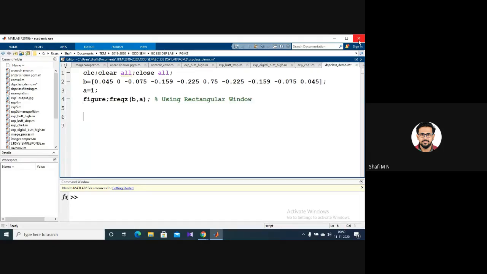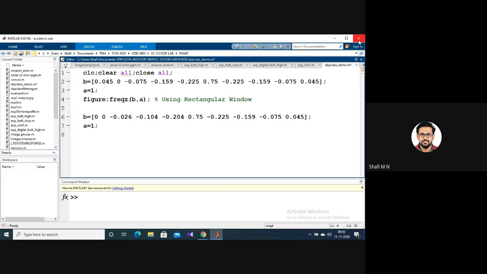Now let me implement my new design. Just tell me the new values. First element is 0. Okay, second element is 0. Then minus 0.026, right? Then minus 0.104, right? Next, minus 0.204, 0.75.